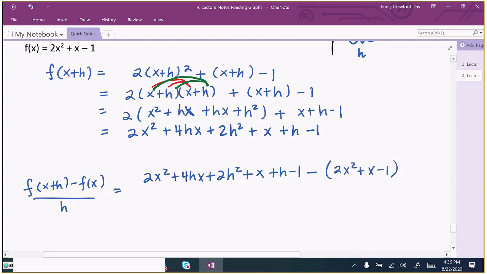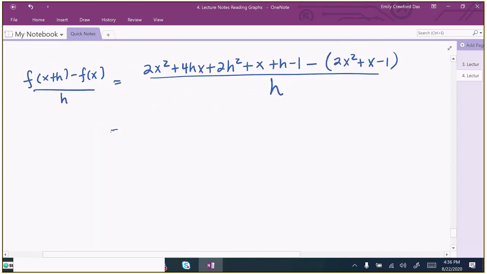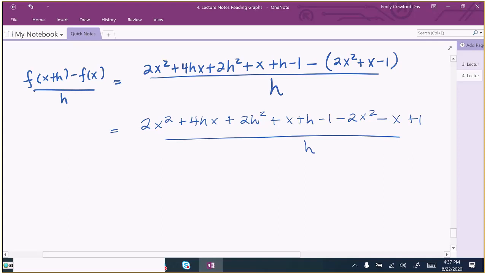I'm putting it in parentheses so that I remember to distribute the minus. And then it's all going to be divided by h. So that's 2x squared plus 4hx plus 2h squared plus x plus h minus 1 minus 2x squared. Now I'm distributing the minus, so minus x plus 1 all over h.